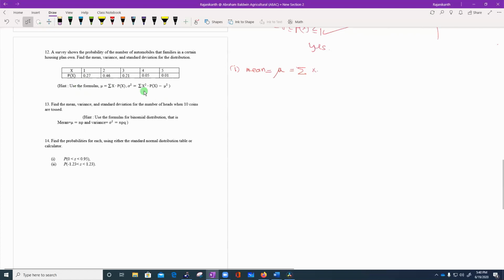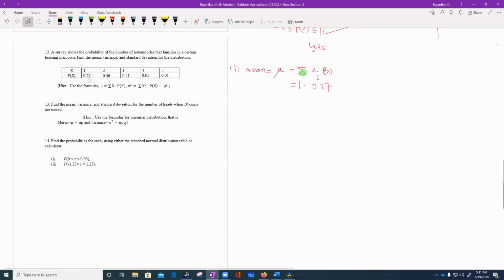The product of your variable value times its corresponding probability. Okay. So take one by one. Take the first x value. What is my first x value? Which is 1, right? Then what is the corresponding probability? 0.27. So simply multiply these 2 numbers. So 1 times 0.27. So this is one answer.